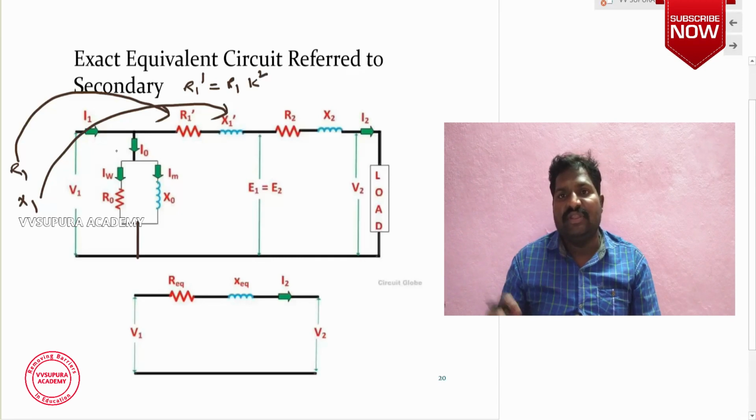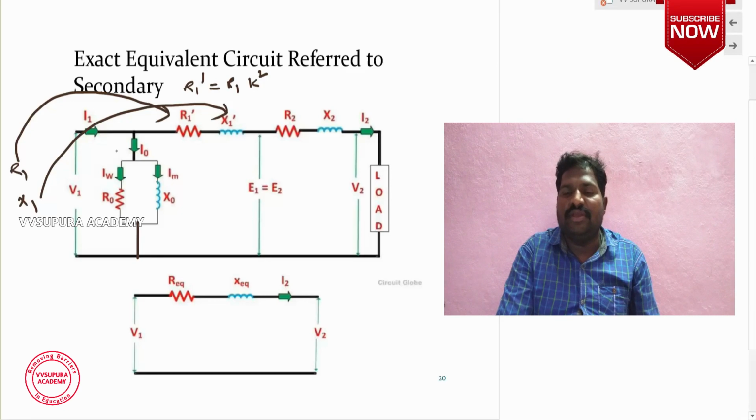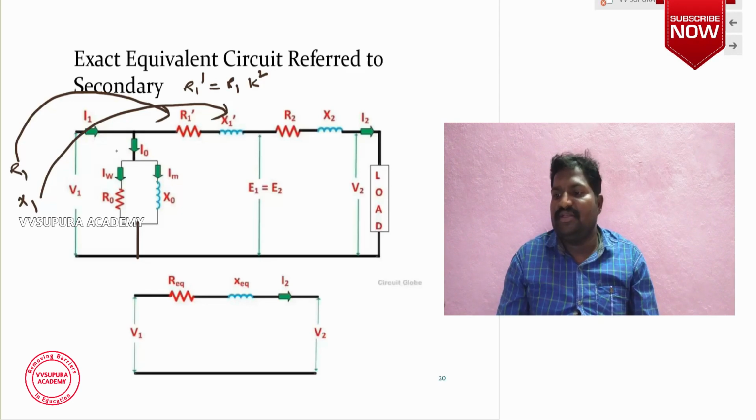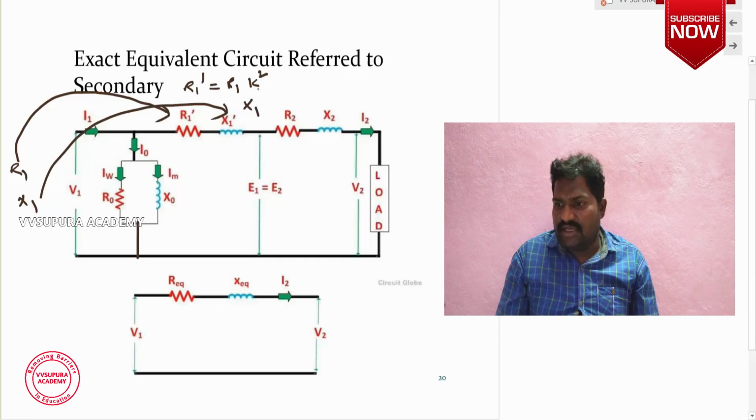In the previous case, when the secondary was transferred to the primary, we multiplied by 1 by k square. Now when the primary is transferred to the secondary, the multiplication factor is k square. In the same way, X1 dash is equal to X1 into k square.